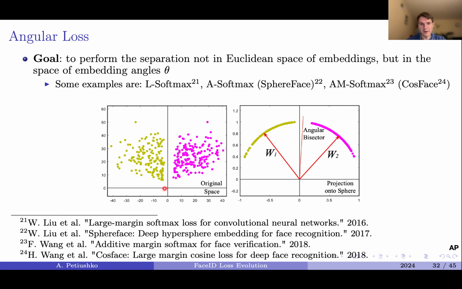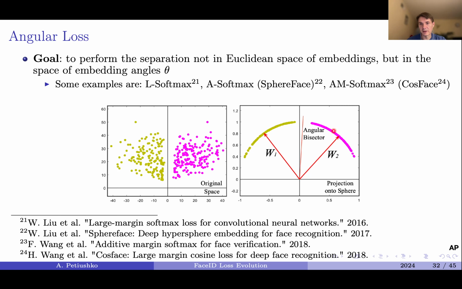So this is the original space, and this is how usual classification with cross entropy loss, softmax loss, is working. But what we would like to have is the separation based on the angles. So sort of an angular bisector between two sets of points, these yellow ones and these magenta ones.